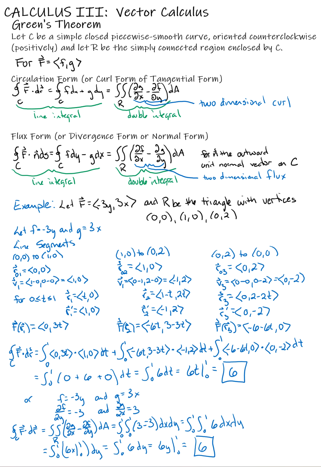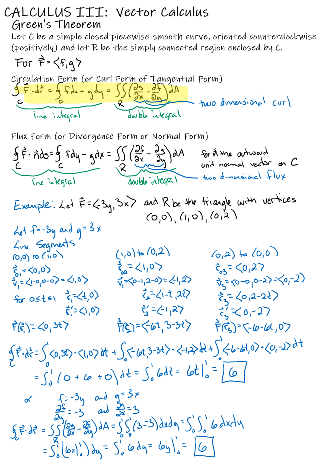Now, I want to talk about kind of the big picture. What is this saying? I know it has something to do with circulation and it has something to do with flux, but what in the world does that mean? So let's just talk about interpreting this. What is the circulation form telling me?